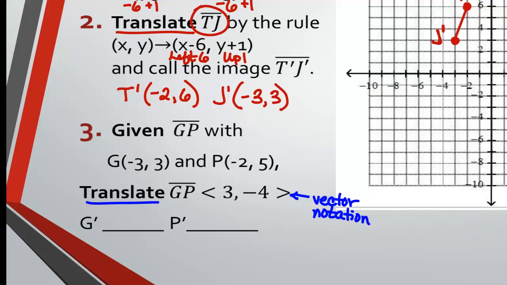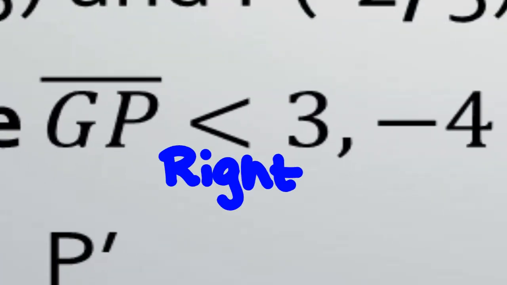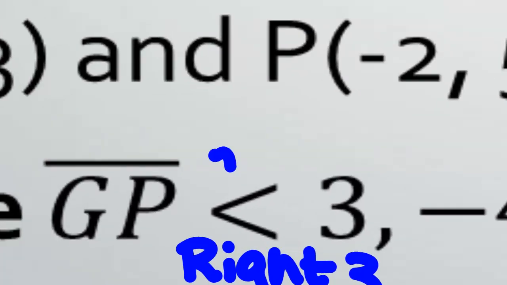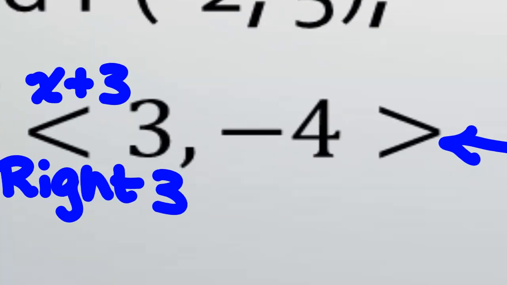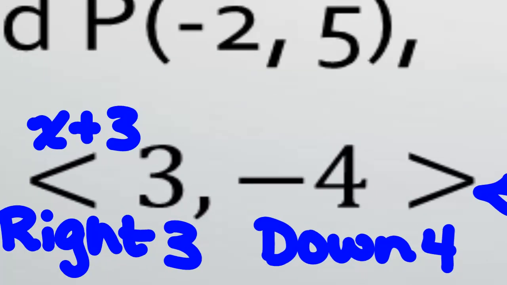Since the x part over here is a positive, which way do you think we'd be going? Right, 3. So that would be exactly the same as x plus 3. The y part of this angle bracket is a negative 4. So what do you think we'd be doing there? Down 4. So that would be all of my y's minus 4.